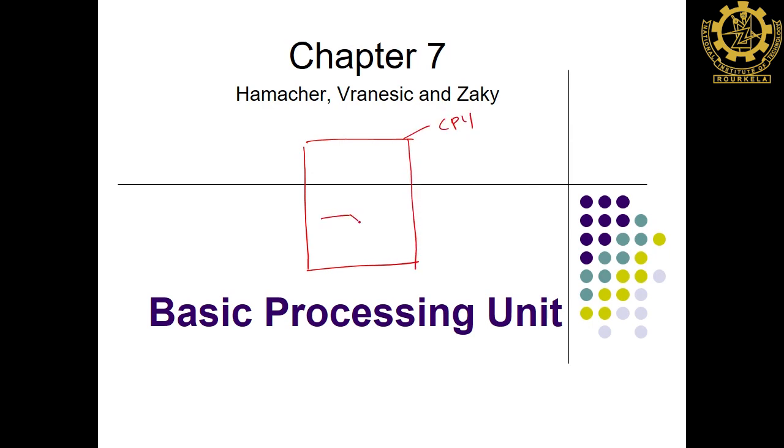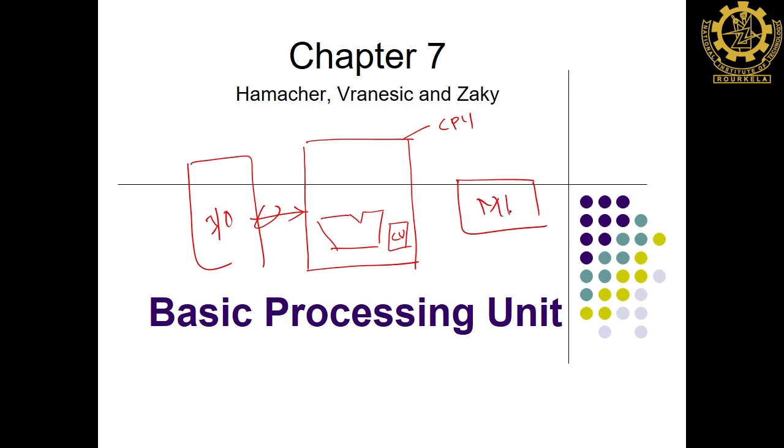We have the ALU, right, we have the control unit, and then we have input output, and then we had memory, main memory. So this is the CPU, and you should have a register also and so on. This is a very rough sketch, no need to draw it.